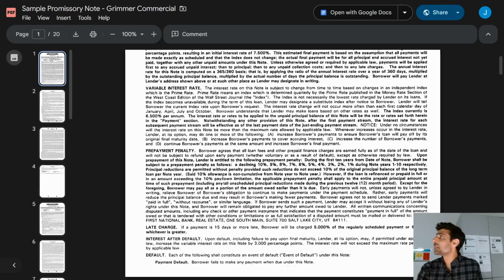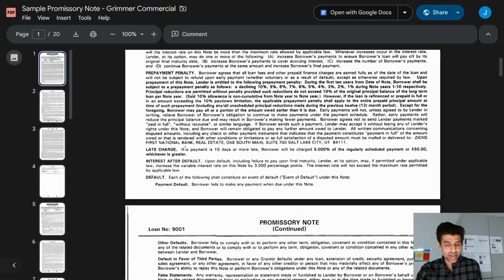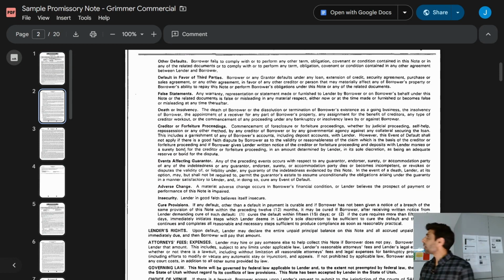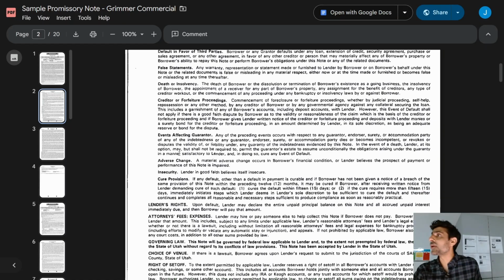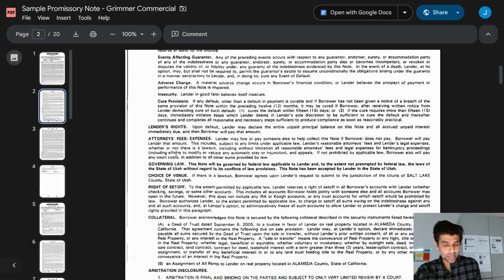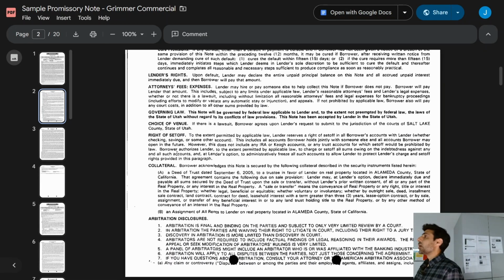There's a prepayment penalty, meaning if he pays the loan off early, what happens? If he makes a payment late, what happens? So all these different terms are spelled out in this agreement. This is kind of what a promissory note looks like. It's also going to say what this loan is secured by. So he basically pledged his property to guarantee the principal of this loan.